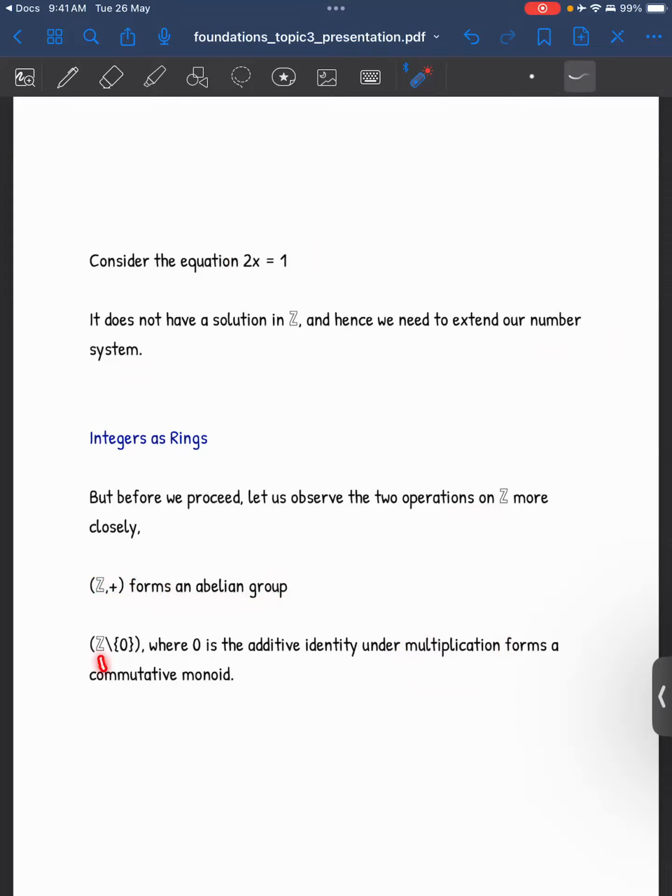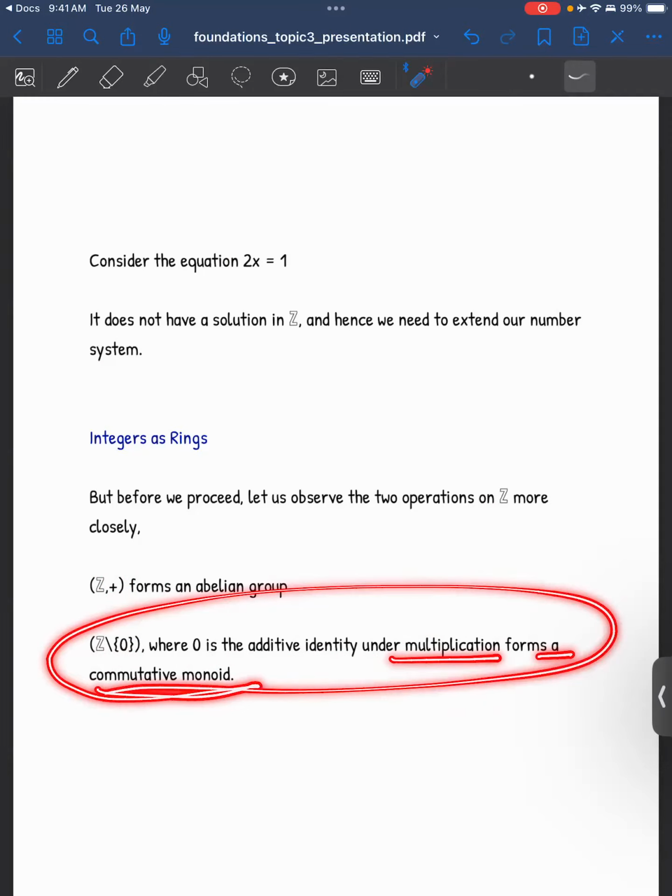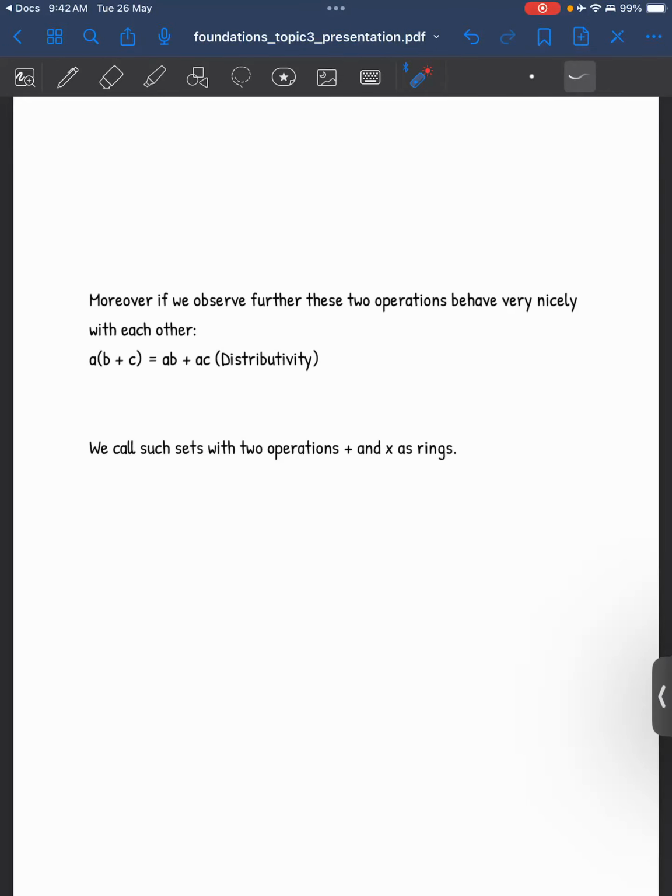Similarly, the set of integers without 0, where 0 is the additive identity, under multiplication forms a commutative monoid. We also looked at this. So if we observe carefully, these two operations, addition and multiplication, behave very nicely with each other.